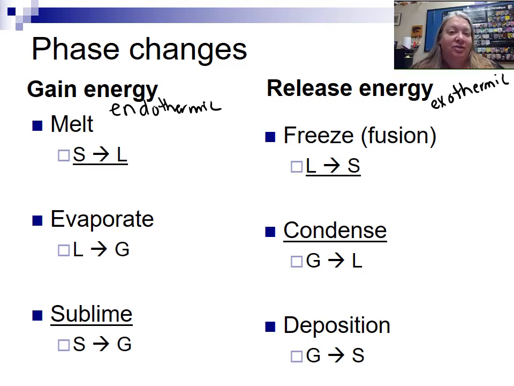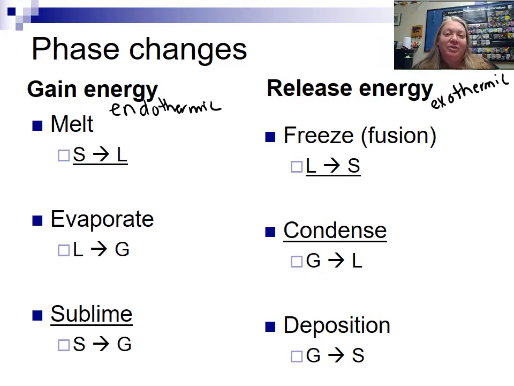It released energy. Now in your mind, you're like, okay, if water freezes, it's getting colder. Well, for it to get colder, it actually had to release that energy. Sometimes that's hard to, like I said, kind of wrap my mind around. So freezing is actually an exothermic process.